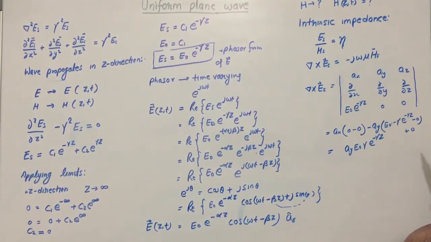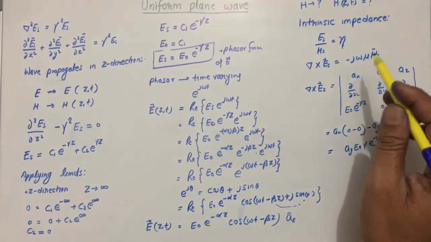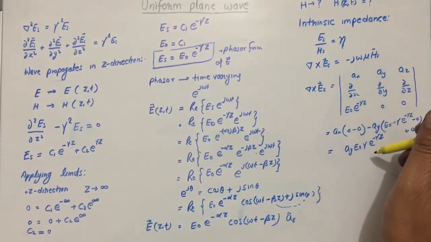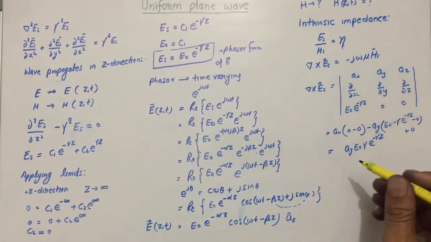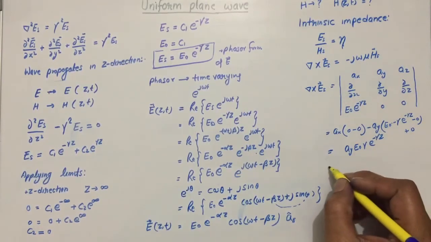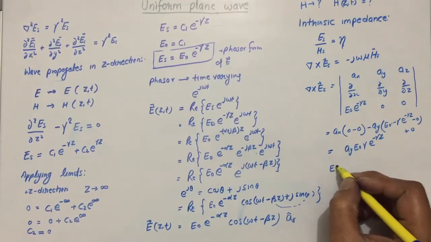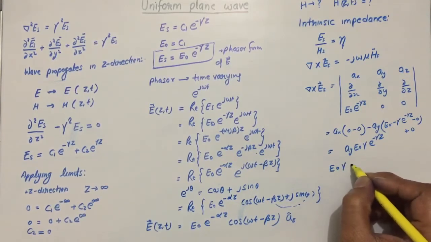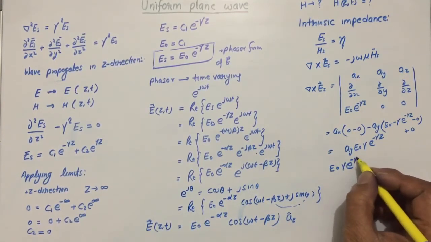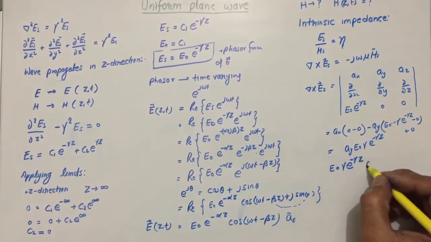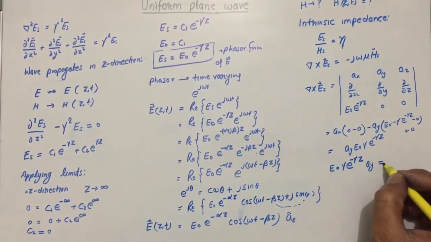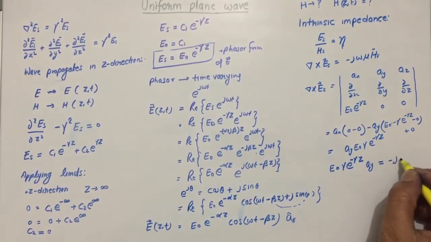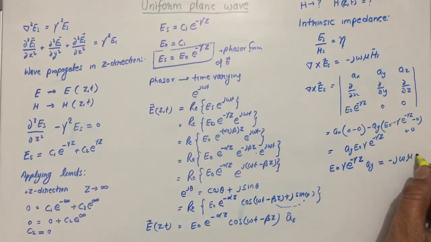Okay, so from this equation we can have E naught gamma e to the power minus gamma z in the direction of a_y equal to minus j omega mu Hs.